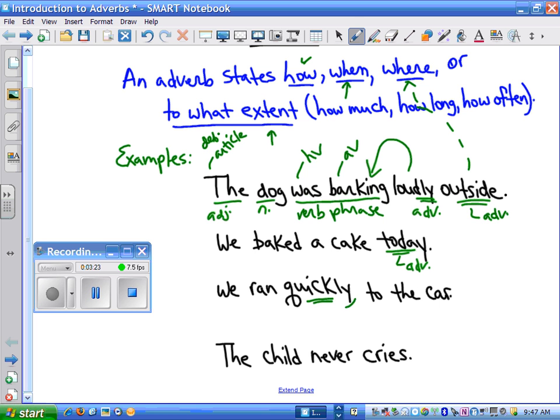Right? There it is, that ly. We, first person pronoun, plural. We have our action verb, and it's describing that action verb. We ran quickly to the car.